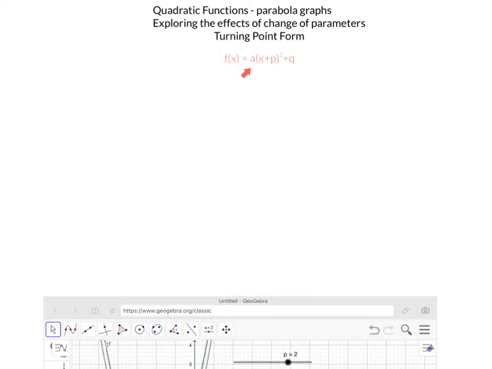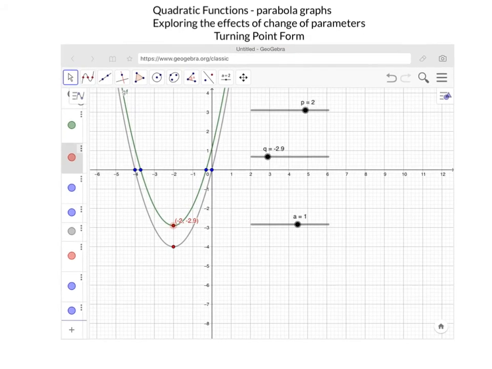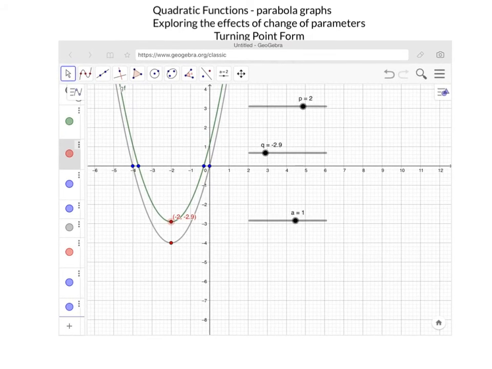Now let's see, in the turning point form, what is the effect of change in p and q on the graph. This is my original graph.